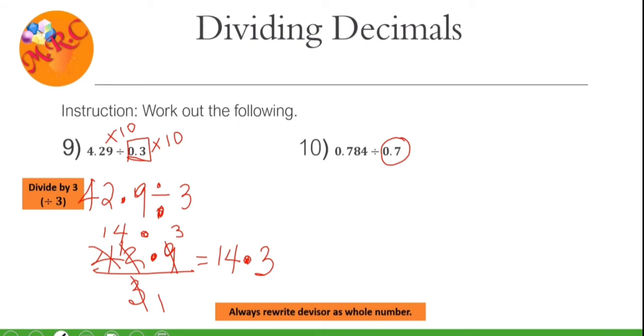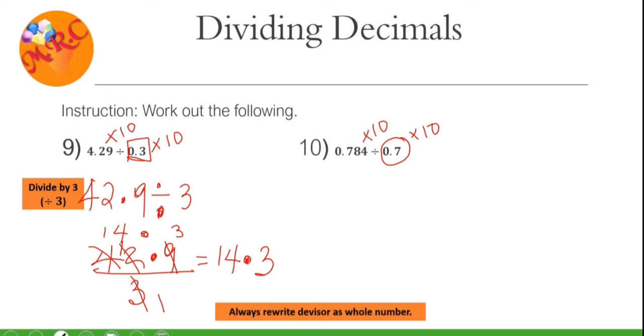Alright, so we're counting down in 5, 4, 3, 2, 1. Alright, so let's go. So it is 0.7, one digit after the decimal point. So I'm going to multiply by 10. And if I multiply 0.7 by 10, I need to multiply 0.784 by 10 as well.